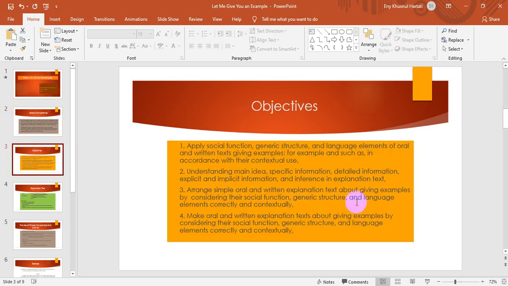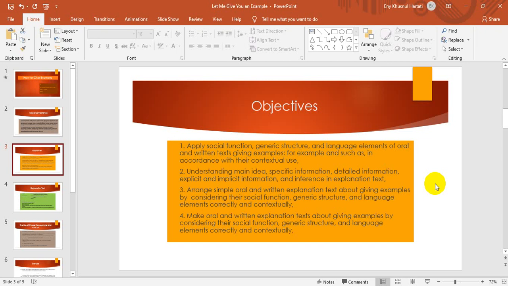And then we also should know about the objective atau tujuan. Apa tujuan kita belajar pada hari ini ya? Yang pertama, apply social function, generic structure, and language elements of oral and written text giving examples, for example, and such as, in accordance with their contextual use. 2.